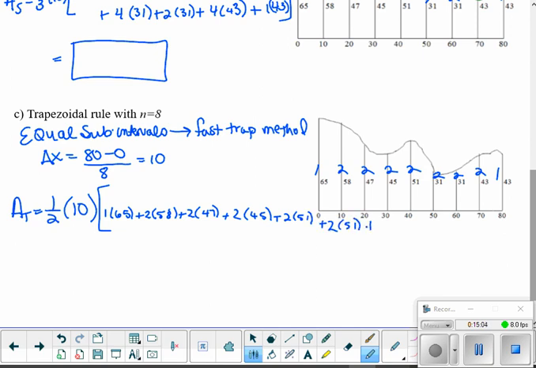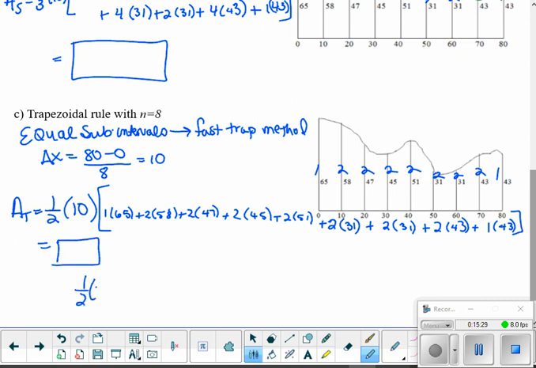Oh, I'm sorry, it's a 31. I was looking from the side. A 2 at 50, another 2 at 31, a 2 at 43, and a 1 at 43. A little faster than setting up each and every trapezoid, right? And we can come in with an answer on this.